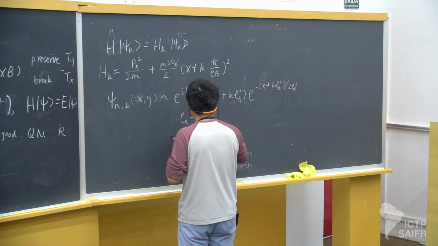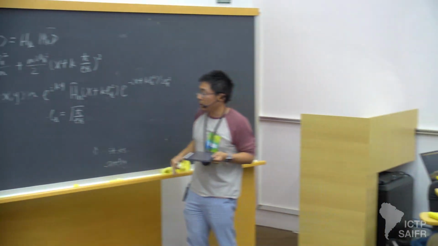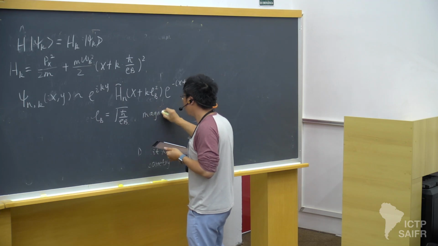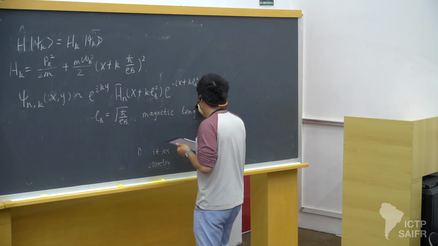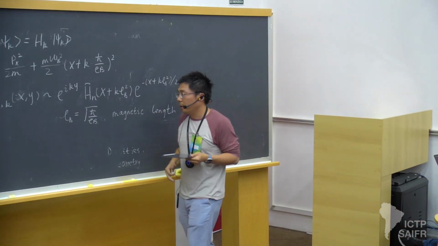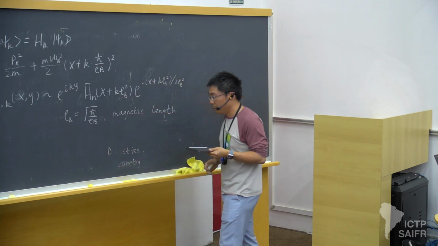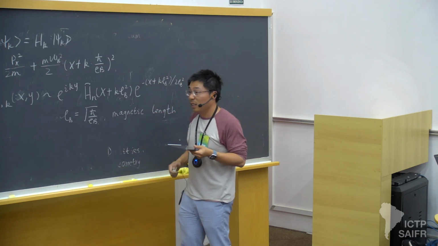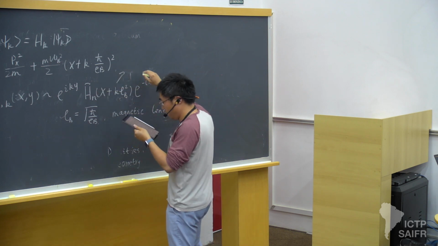It's another very important scale, called the magnetic length, that enters at many places in the physics of the quantum Hall effect. Yeah, that's the Hermite polynomial.